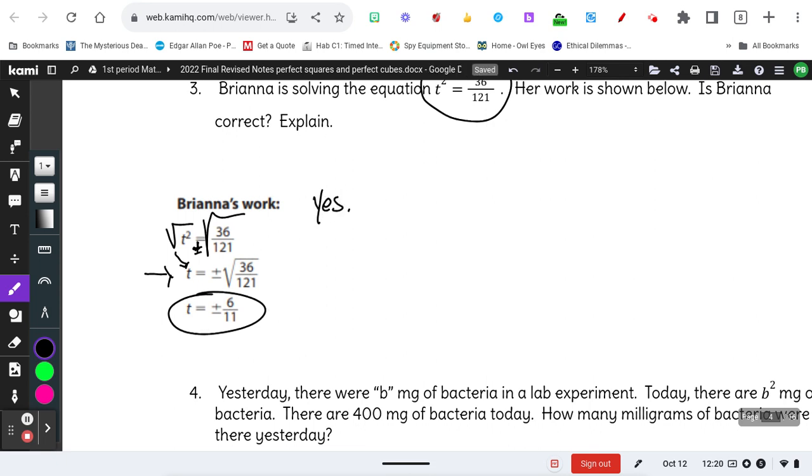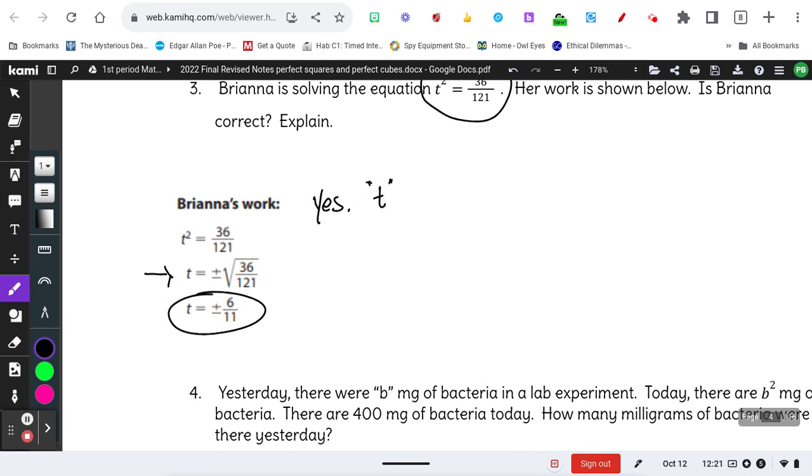Some students would think that t stands for time, but this is just a regular algebraic equation. So with a regular algebraic equation, what you want to do is make sure you solve for 2 answers and use the plus or minus. Whenever you're solving a regular algebra equation, you want to use the plus or minus.